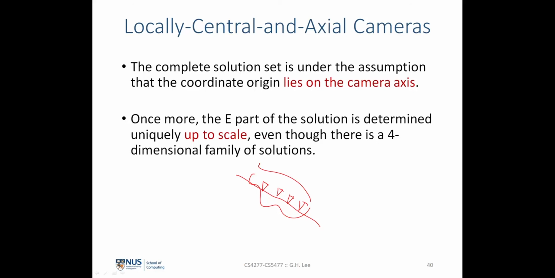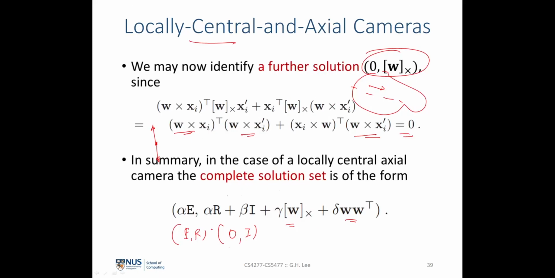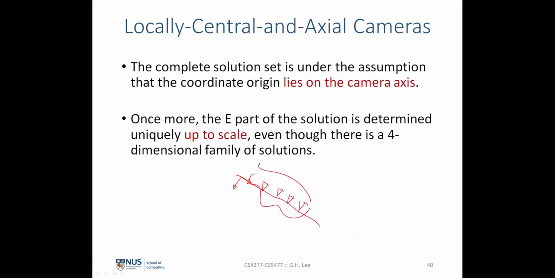And now we make the assumption that the camera reference frame has to lie on this particular axis in order for the ambiguity to lie only on the rotation part. In general, if we were to fix this particular axis anywhere on the rigid body over here or anywhere in the 3D space, then the ambiguity can spill over to the essential matrix, and this would be much more difficult to handle, as we will see later in our lecture.